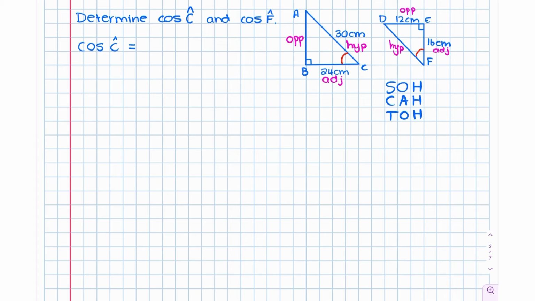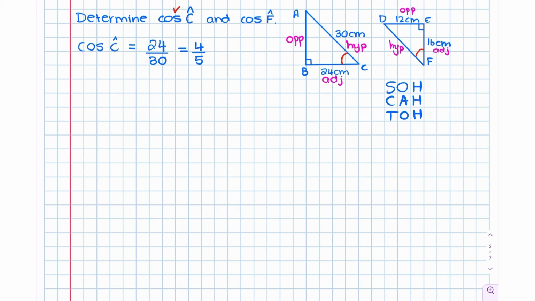So the adjacent side is 24 centimeters and the hypotenuse is 30 centimeters. And we need to simplify that, which comes to 4/5. Okay, that one's done, so we can take that one off.